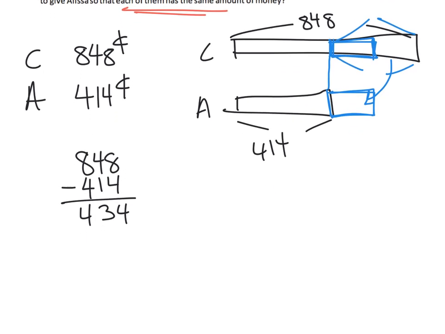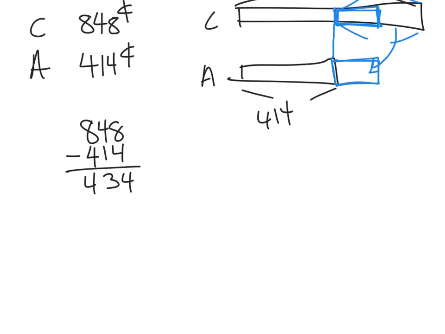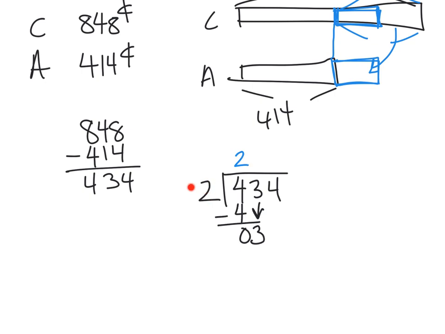So how do you figure out that? Well, we're going to take that 434 cents. We're going to divide by 2 because that's how you find half. And you've got 2 goes into 400s twice. So that's 400s. And you got no hundreds left over. So now we have 3 tens. So 2 goes into 3 tens once. So that's 2 tens.